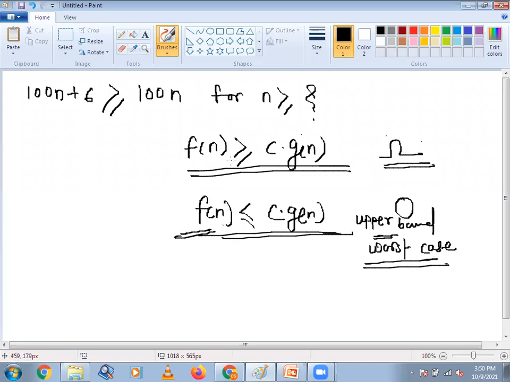Whereas if f of n is always greater than c into g of n, then this is the best case and this is lower bound. Okay, are you getting it?